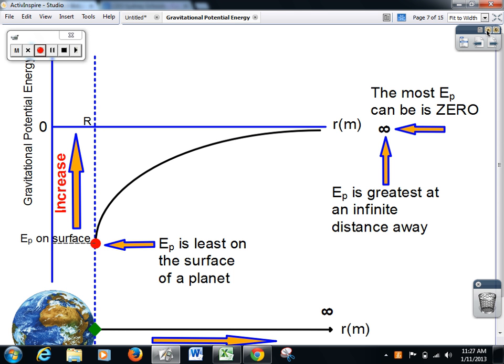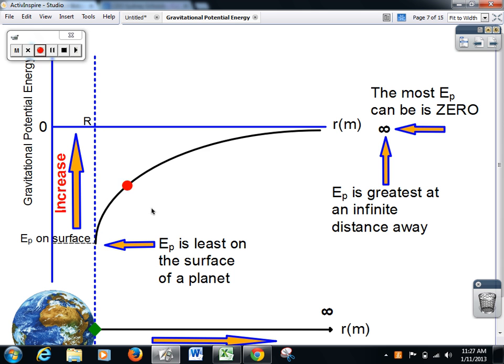But there is a vertical asymptote here, and that vertical asymptote is at 1 radius. We measure gravitational potential energy from 1 radius on the surface. It is most negative, it is least, most negative, everyone happy about those two terms, on the surface of the planet.